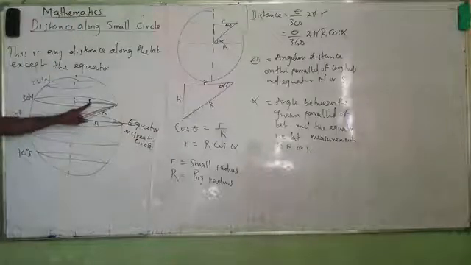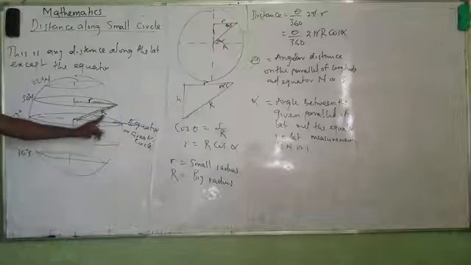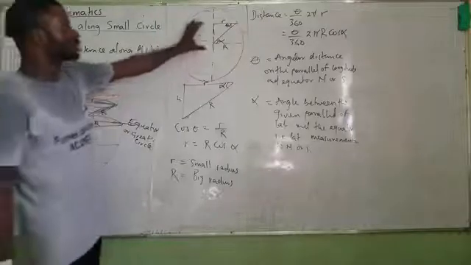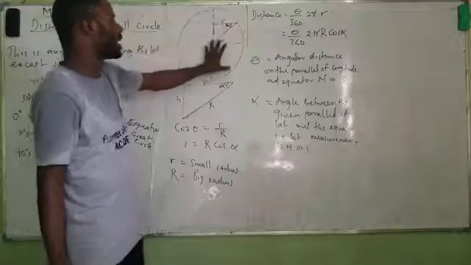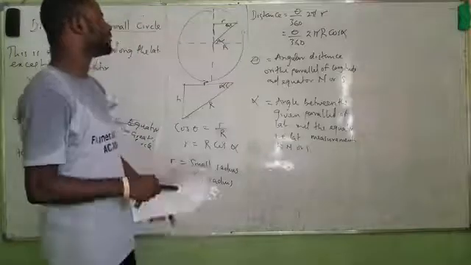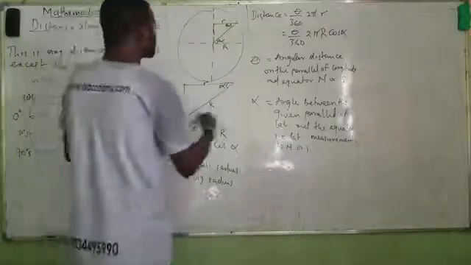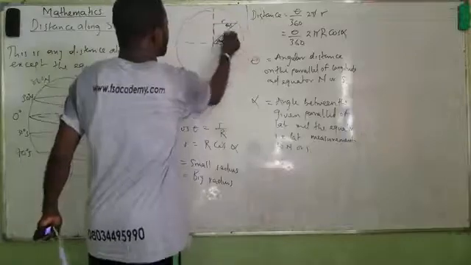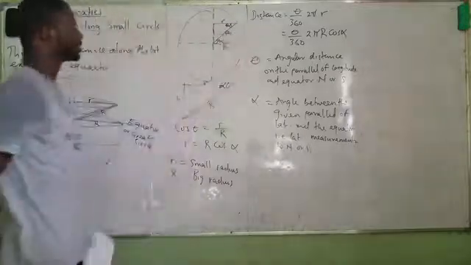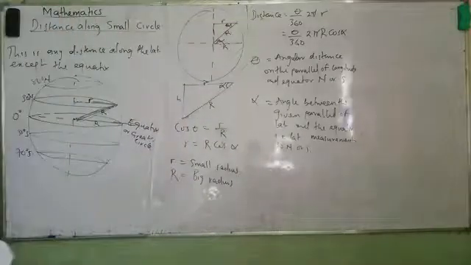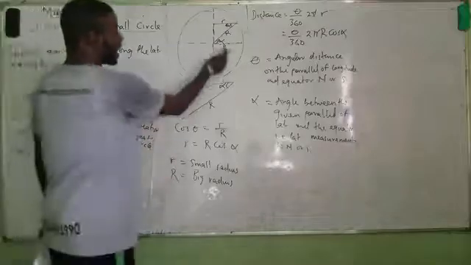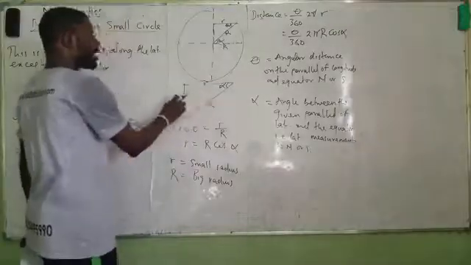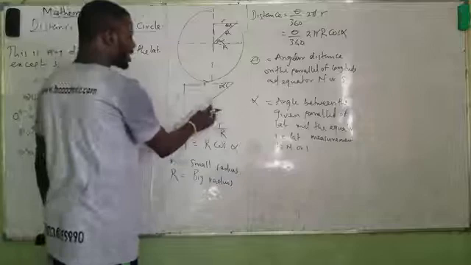This is the small radius, this is the big radius, and also a big radius. And since I have that, I can now say that I have a height, I have a small radius, I have a small height.